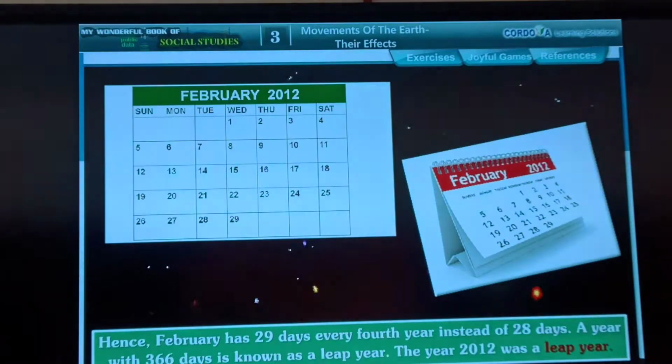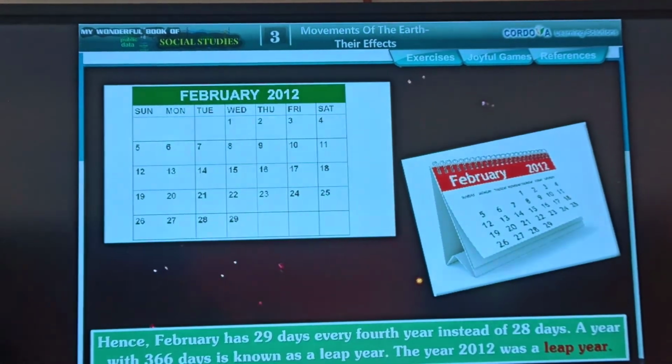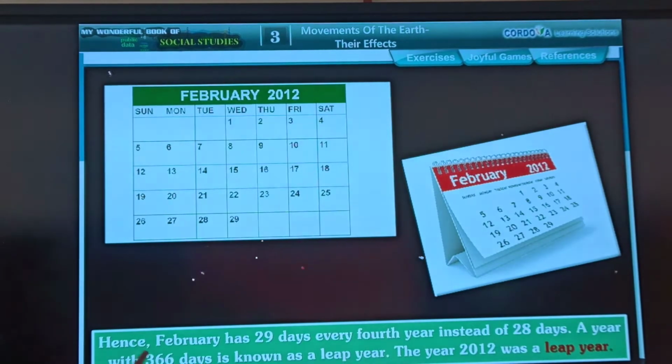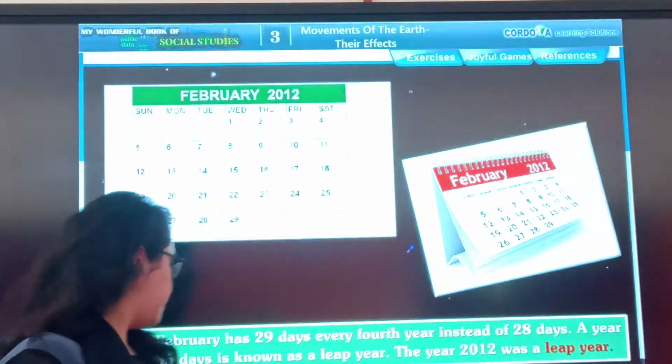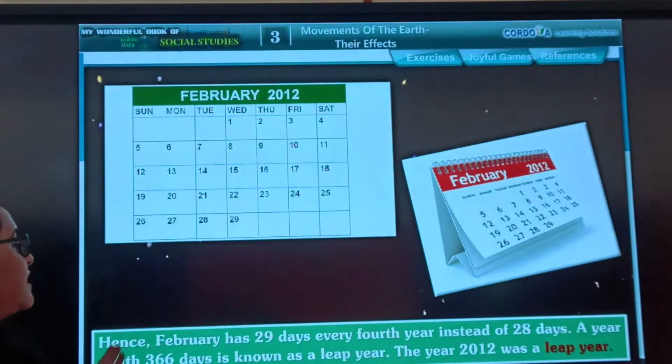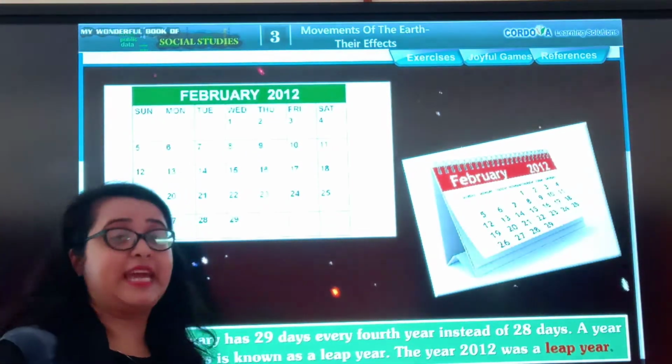Hence, February has 29 days every 4th year instead of 28 days. A year with 366 days is known as a leap year. The year 2012 was a leap year.